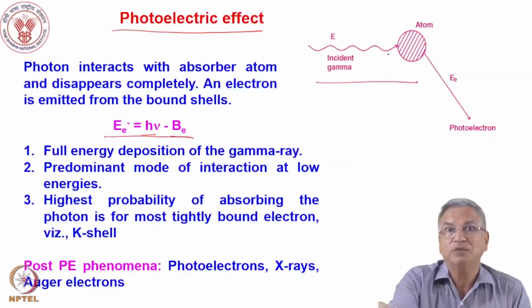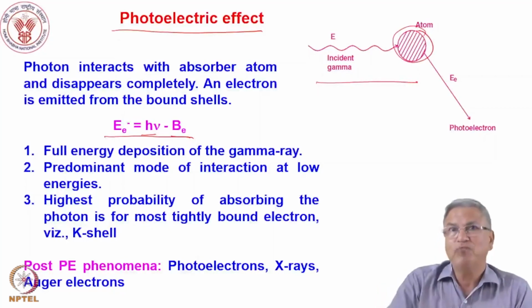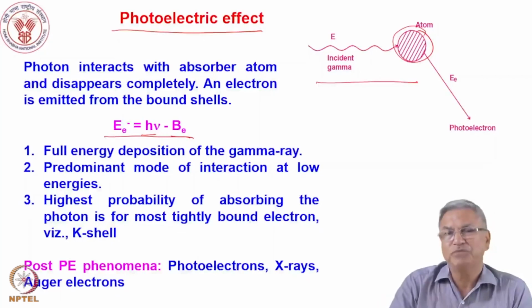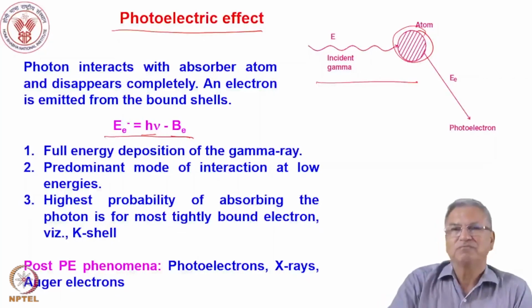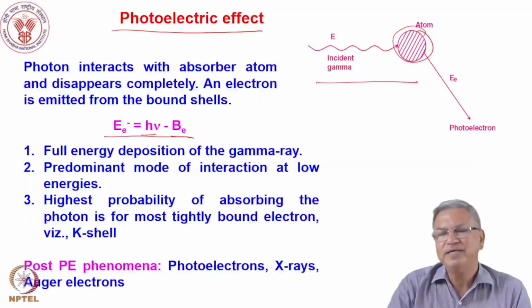The incident photon comes, it is absorbed by the atom as a whole. So the important point is that the momentum of the photon, say the photon has a momentum E by C, has to be conserved, and that is conserved by the atom as a whole.